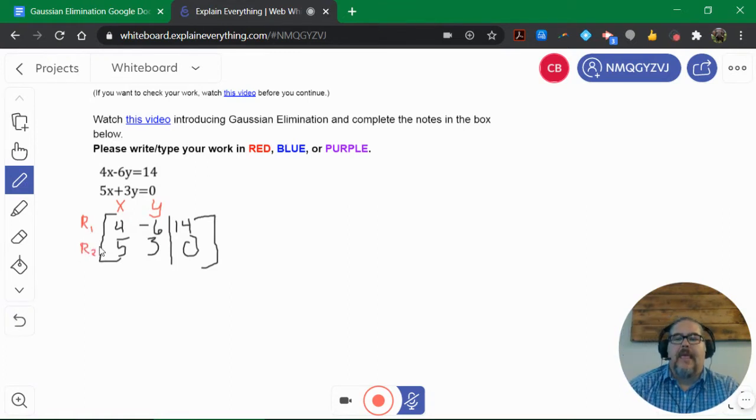Okay. Now, the goal of Gaussian elimination is to zero out anything below this right here. So I'm just going to draw a line here. Now, I'm not canceling that 4 and that 3 out. I'm saying that anything below your first x value and your second y value, we want to make a 0. Okay. And that's going to make sense here in a second, but that's the goal.